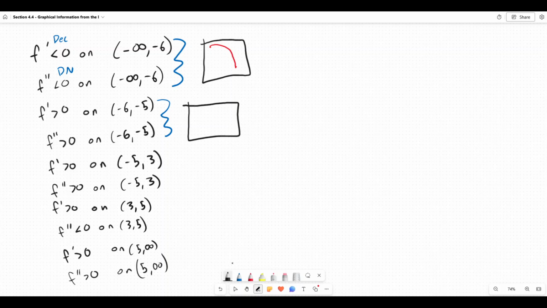We are increasing concave up. So what does that look like? Increasing concave up.